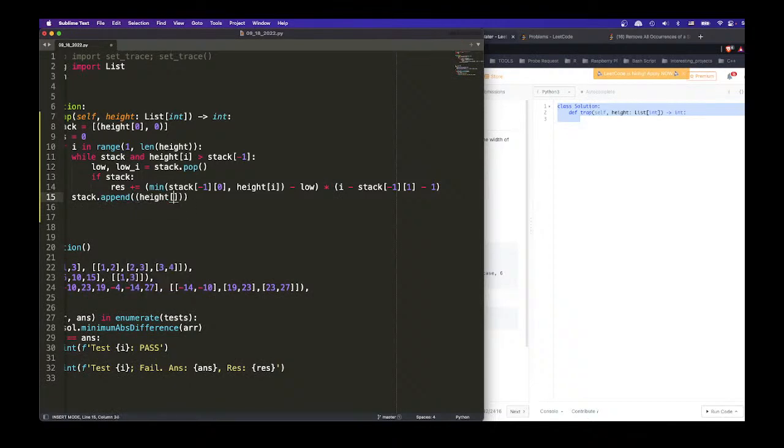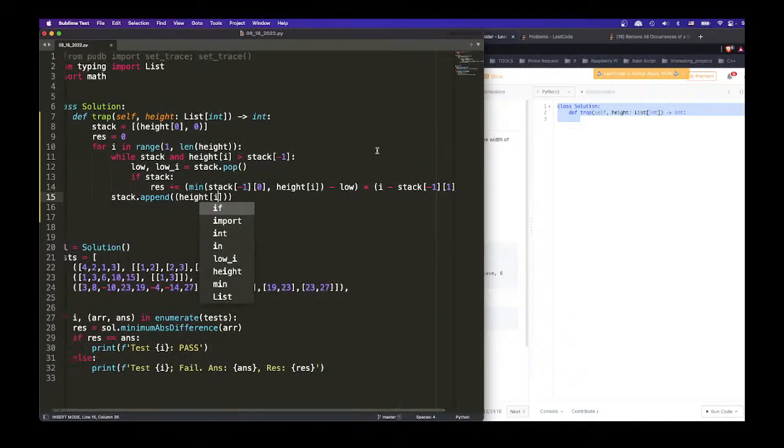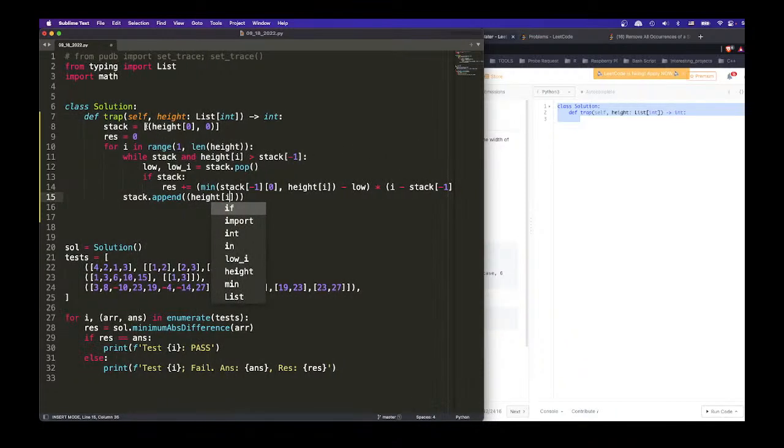Ooh, when you realize we don't need height I, just need index. All right, I just need index. And then height stack minus 1. And I will pop just low index of stack.